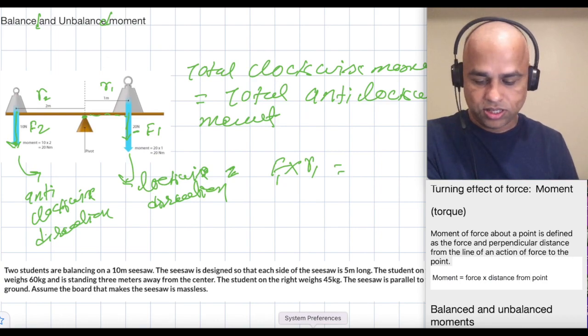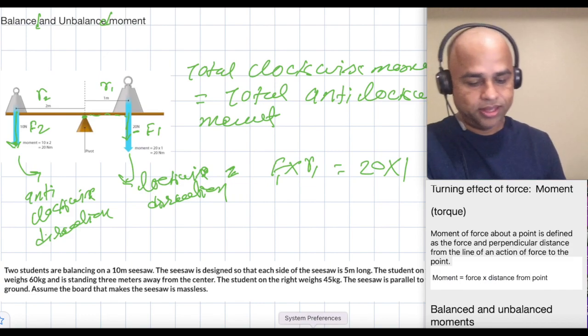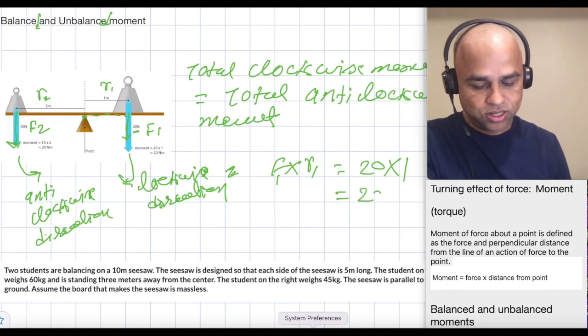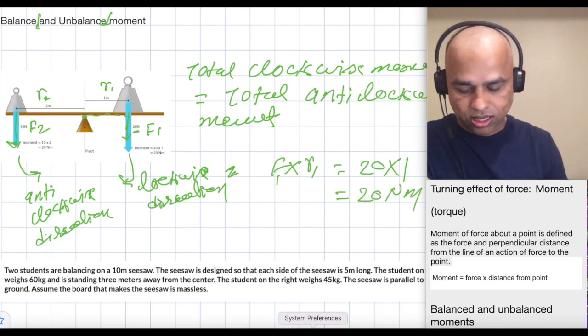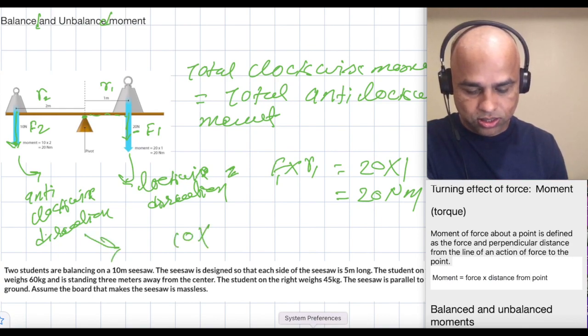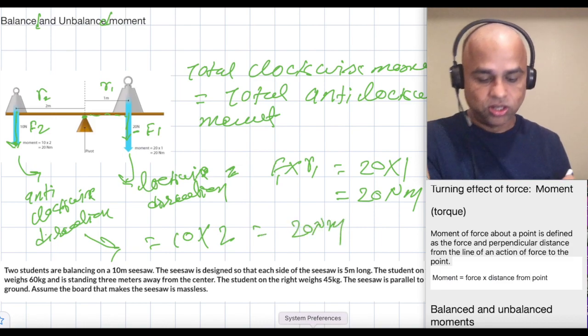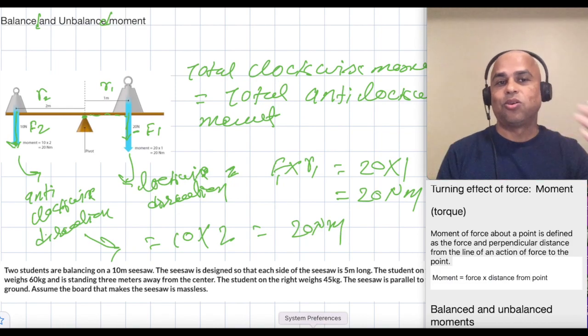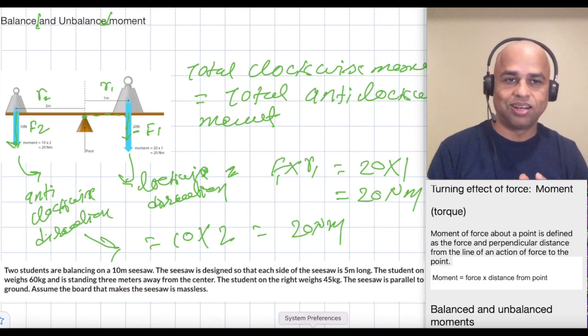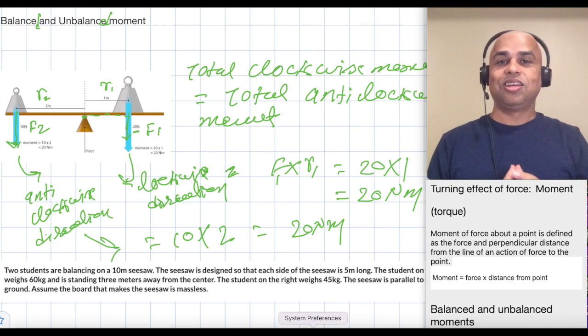How much is it? 20 times 1, which is 20 Newton meter. And what about the anti-clockwise? 10 times 2, which is 20 Newton meter. So in this case, clockwise and anti-clockwise moments are equal, so we can say the system is in equilibrium.